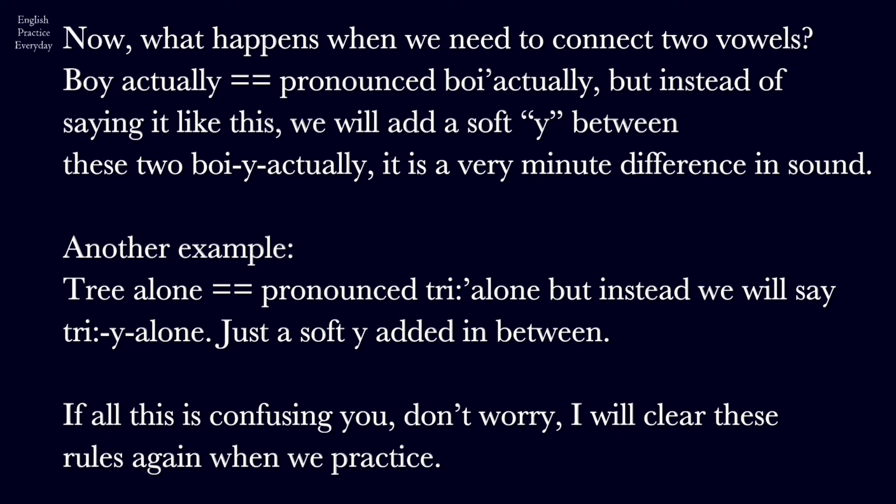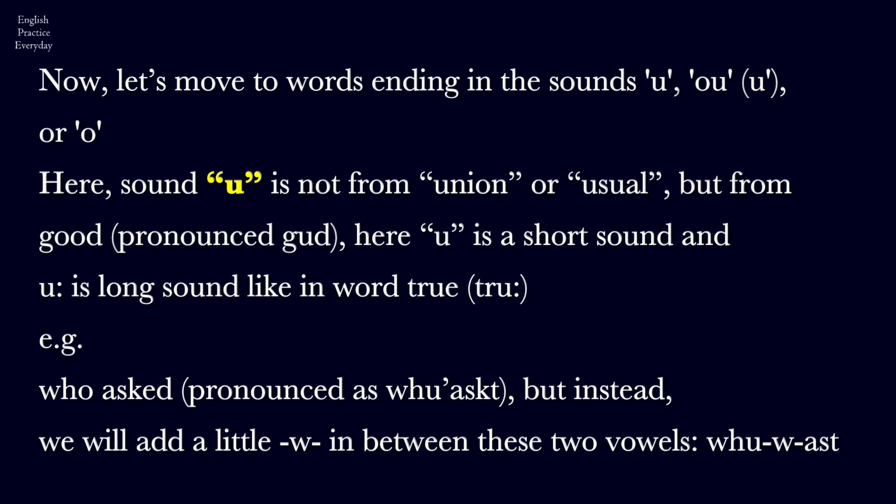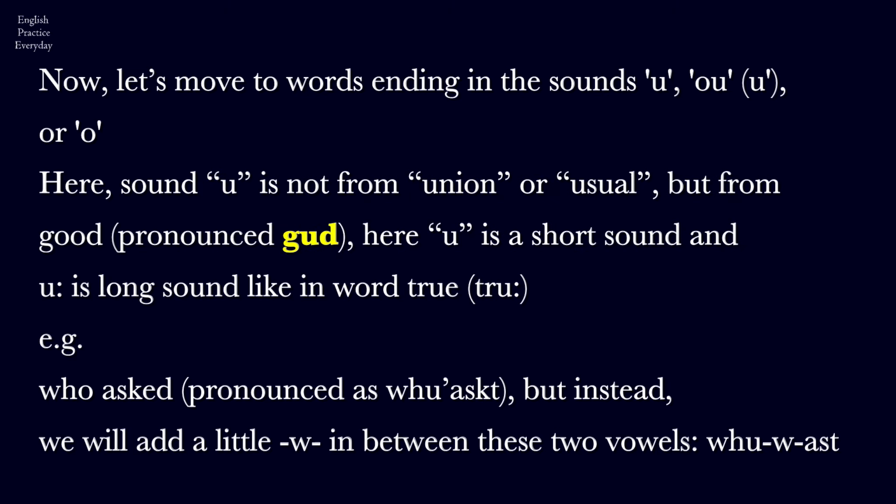If all this is confusing you, don't worry. I will clear these rules again when we practice. Now let's move to words ending in sounds U, OU, short U or O. Here sound U is not from union or usual, but from good.